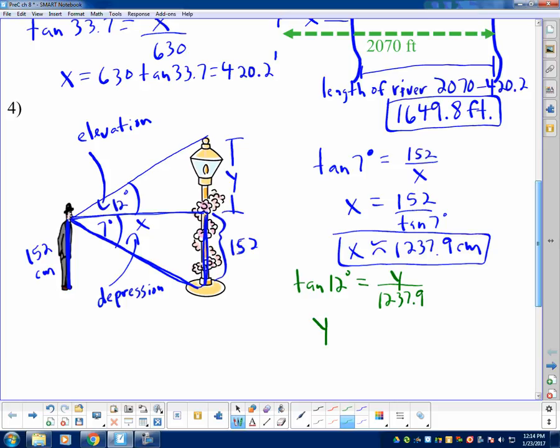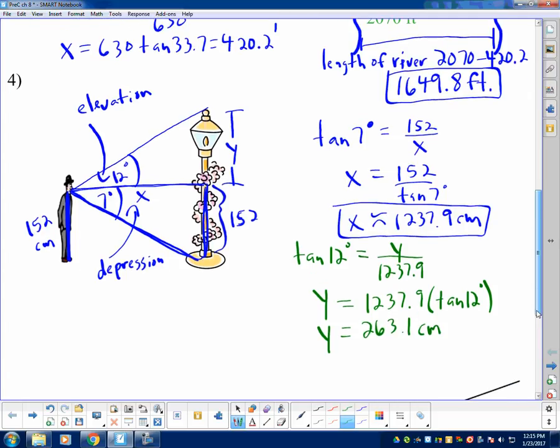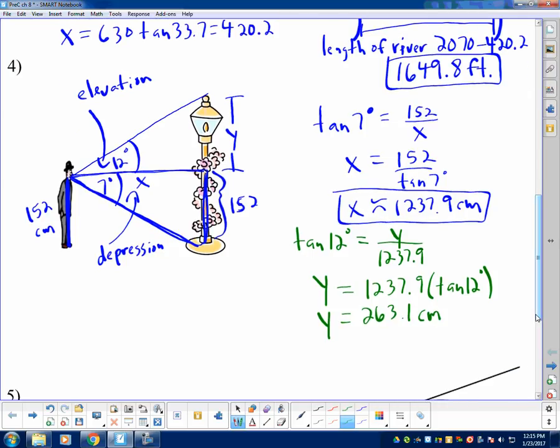And by cross multiplying, I have y equals 1237.9 times tangent 12 degrees. So cross multiply, and we get y equals 263.1 centimeters. So y is definitely not to scale, it looks like the 152 is the longer one, but 263.1.